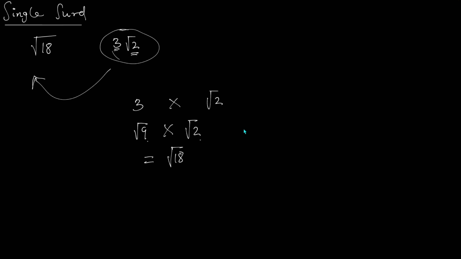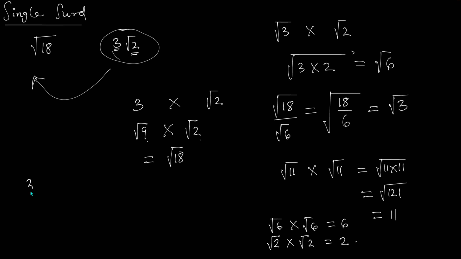Also, if you have to take root 3 and root 2 as a single surd, then you just have to take the product. You have 3 multiplied by 2. Now we are taking the 3 and the 2 under the same radical sign. 3 times 2, 6. Lastly, let's say you had to simplify 3 root 5 all raised to the power of 2. Now this means 3 root 5 times 3 root 5.